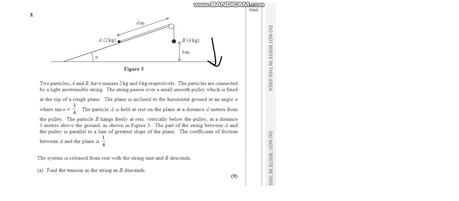First things first, students, we have to eliminate the tan alpha and find cos and sin alpha. To do that, just draw a diagram, a right angle triangle, and they said that our tan alpha is 3/4.